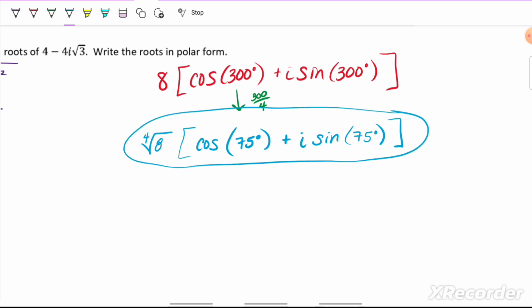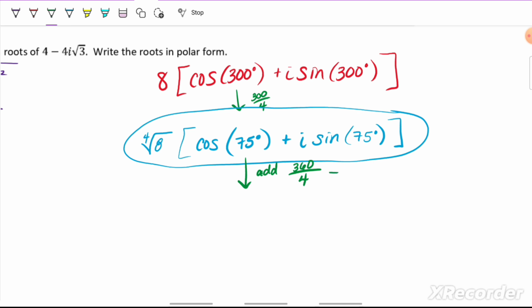Now, to get the next one, we're going to add 360 degrees divided by 4. So one trip around the circle, 360 degrees divided by the number of roots, 4 4th roots.